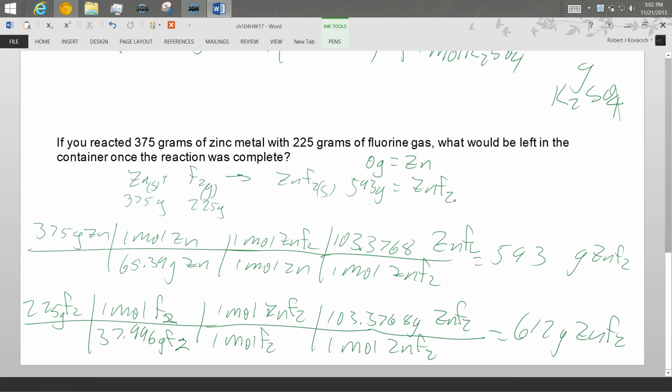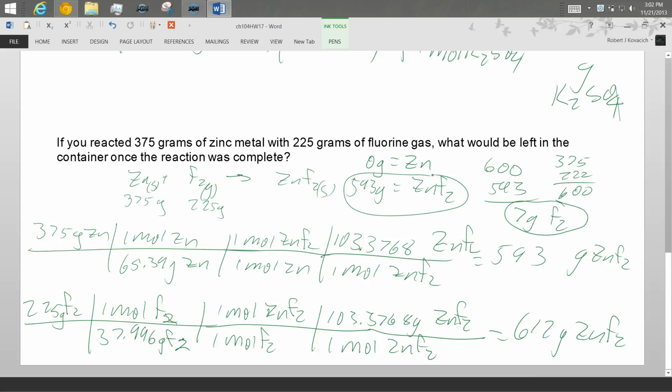So an easy way to figure out the rest of this is 375 and 225 gives me 600. So I started with 600 grams. So 600 starting material, 593 end product gives me 7 grams of fluorine gas left over. So that's in the container and that's in the container.